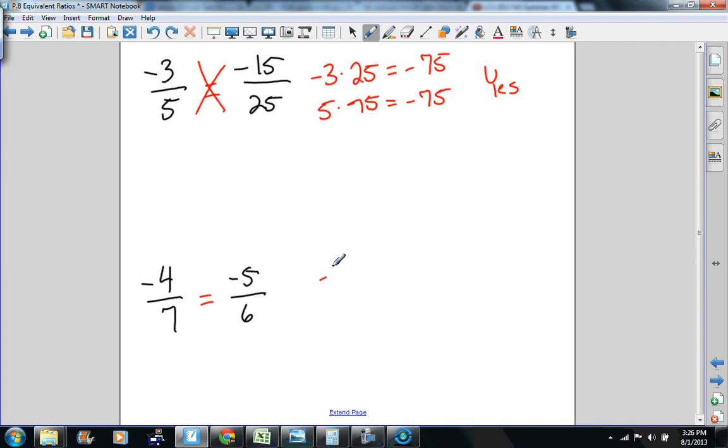Down here on the bottom, negative 4 times 6, that's negative 24. 7 times negative 5, that's negative 35. So no, these are not equivalent ratios. Okay, once again, because we put that equal sign in the middle, that's why we can do cross multiplication.